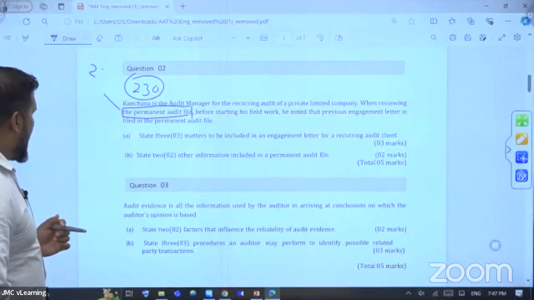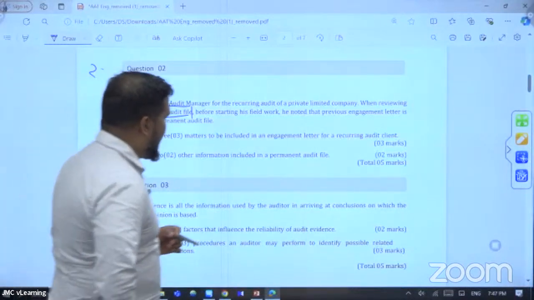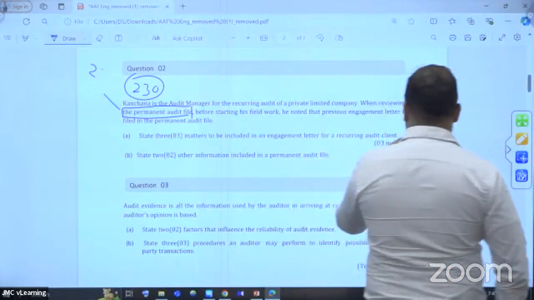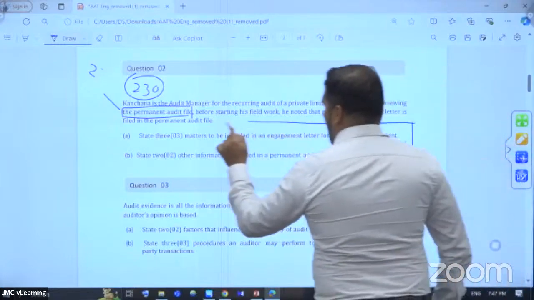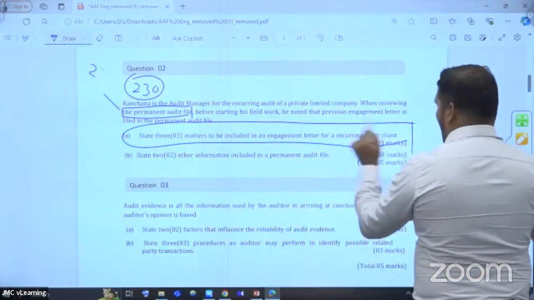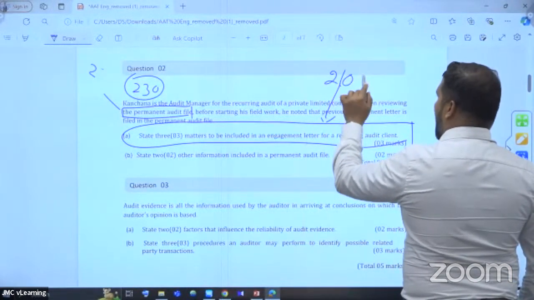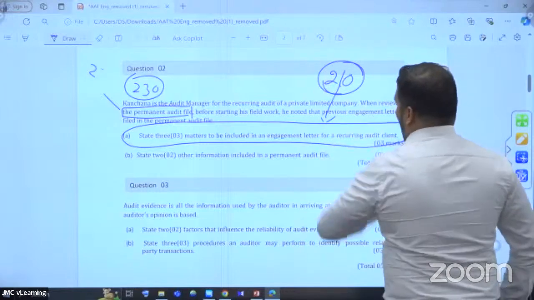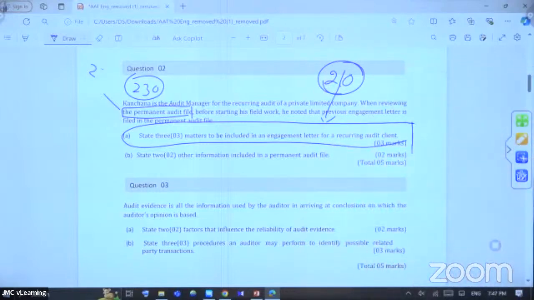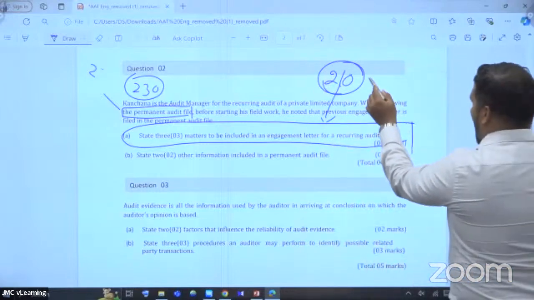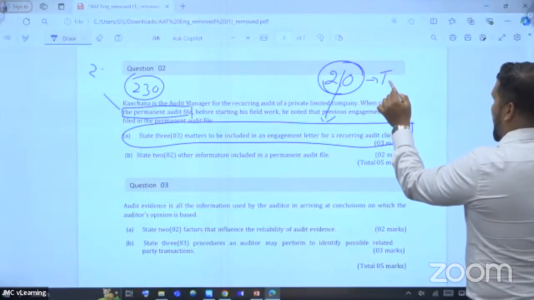Number 1, state 3 matters to be included in an engagement letter of a recurrent audit. This question has been tested from the standard called SLSA 210, terms of audit engagement.